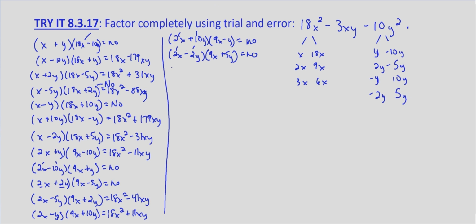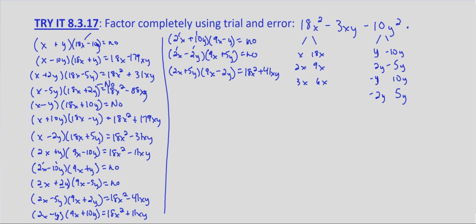So we'll switch those around, the 2y and the 5y, so we end up with 2x plus 5y times 9x minus 2y. That gives us 18x squared minus 4xy plus 45xy, which is plus 41xy, so we know that's a no.